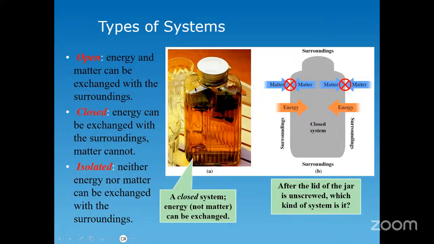So this is an example of a closed system, as I said before. I was just looking at this question in the box. It said, after the lid of the jar is unscrewed, what kind of system is it? Well, the answer would be an open system, because now you can have the exchange of matter and energy between the system and the surroundings.